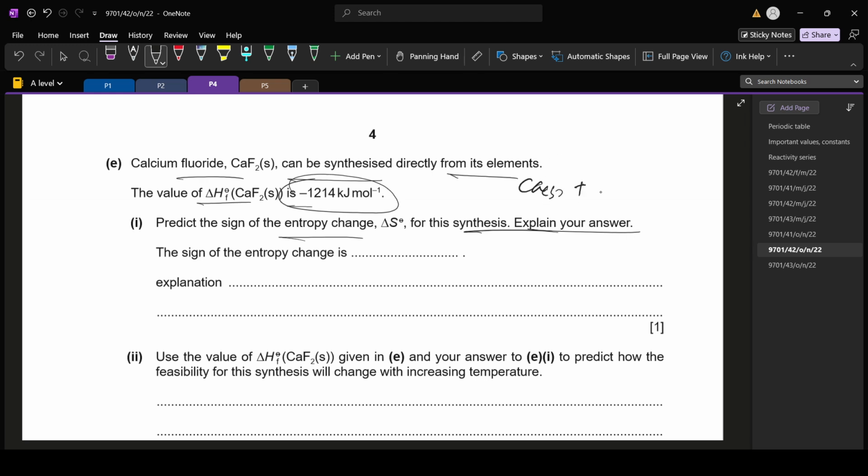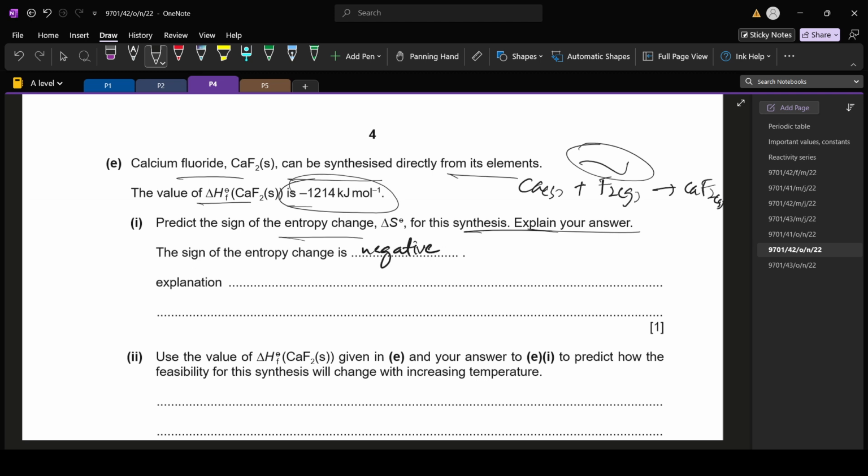So solid calcium will react with fluorine to form calcium fluoride. Now the fluorine is gaseous, and the entropy of gaseous particles is more. So you can see that the number of gas molecules is reduced. So what will be the sign of standard entropy change? It will be negative.